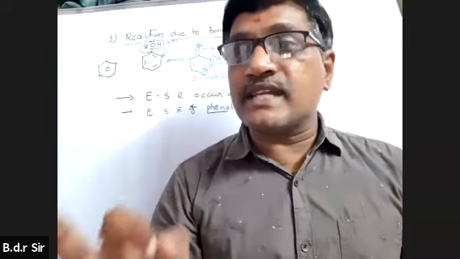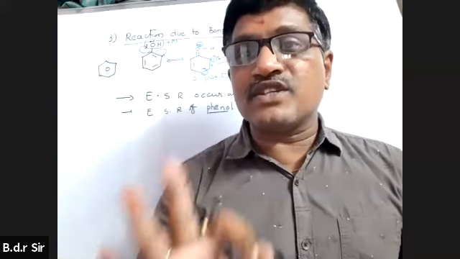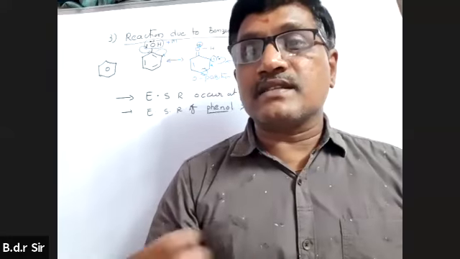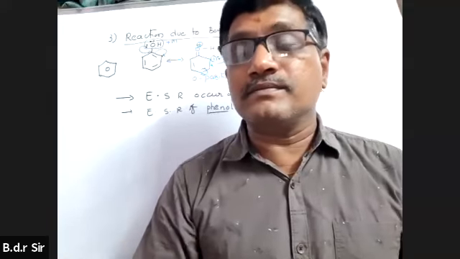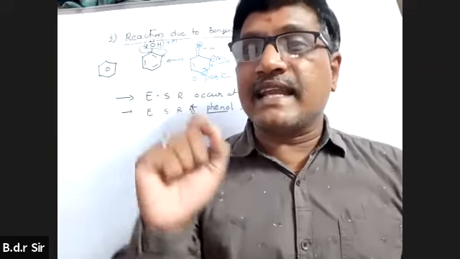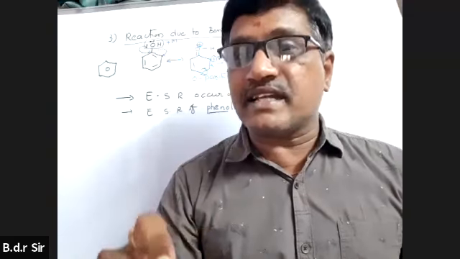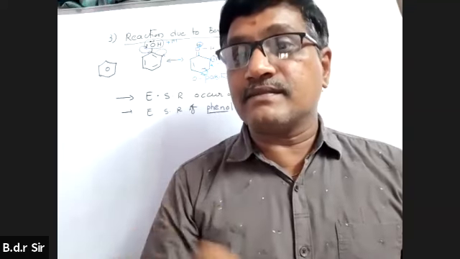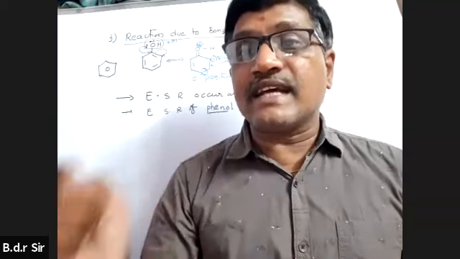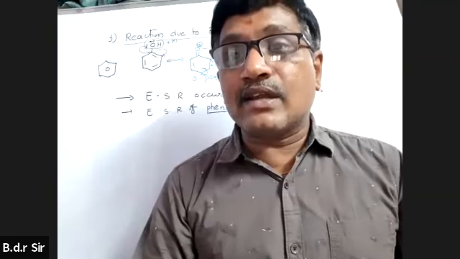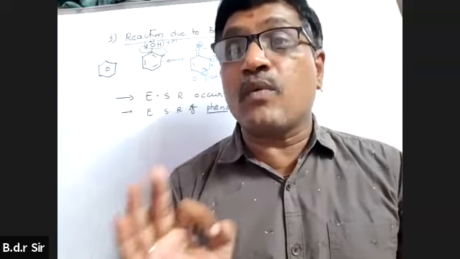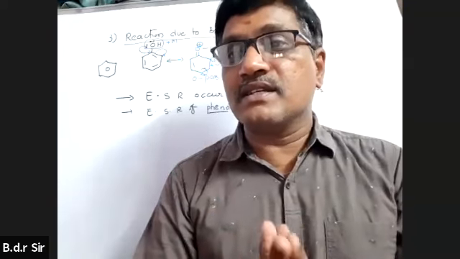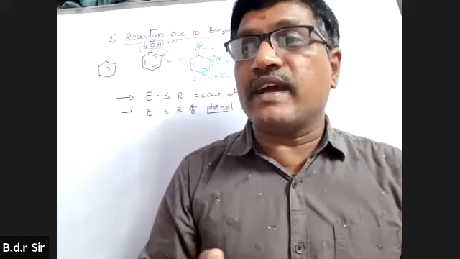In sulfonation, the electrophile is a neutral molecule, a sulfur oxide molecule. In Friedel-Crafts alkylation, the electrophile is the alkyl group R plus. In Friedel-Crafts acylation, the electrophile is RCO plus, and the carbon has a positive charge. So these are the electrophiles.